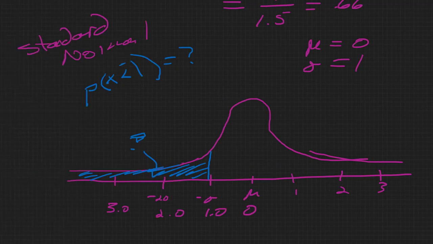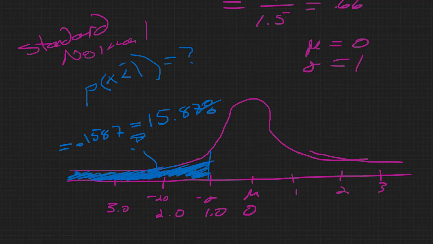So the area under the curve is 0.1587, or 15.87%. What is the percentage under the curve left of negative 1.0? 15.87. Okay, you're going to do a bunch of these. This chapter, next chapter, you're going to do tons and tons of these, so get ready.